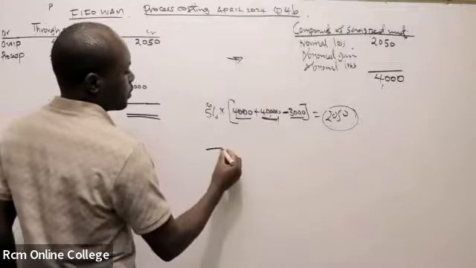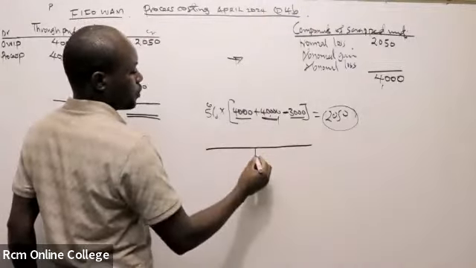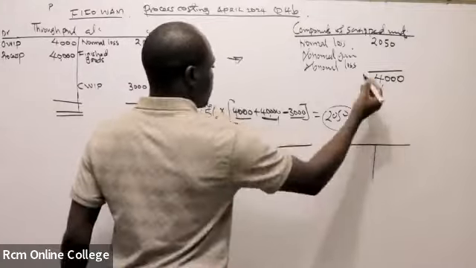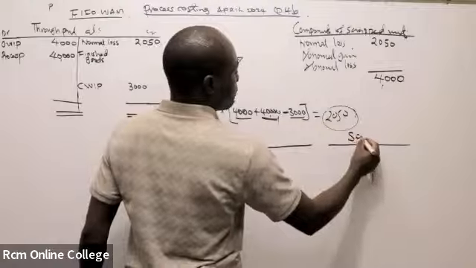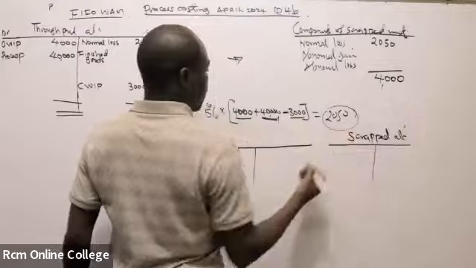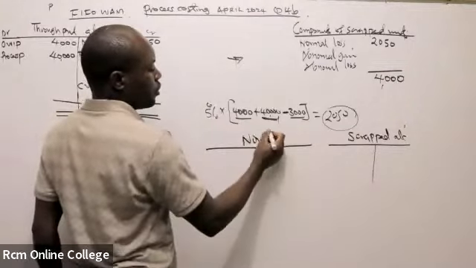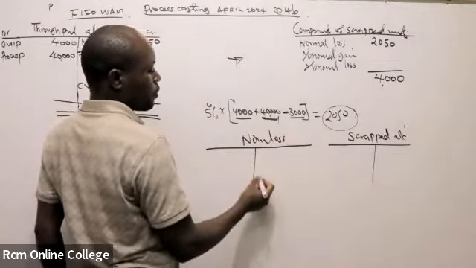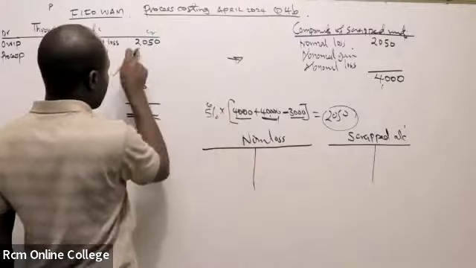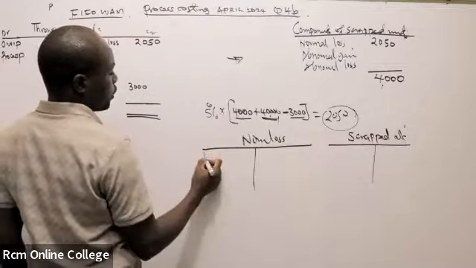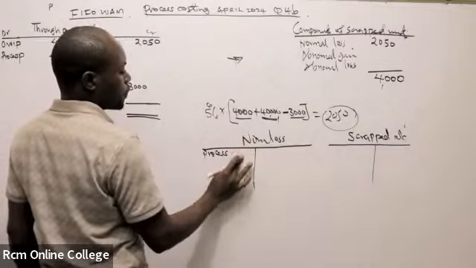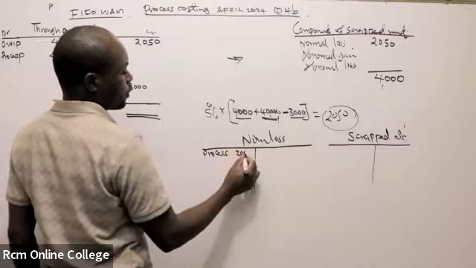Then we see what is happening. Our total is 4,000. So let's say this is the scrap units account. And we already have the normal loss. Look at how normal loss is behaving. Normal loss is coming from the process account. You can see how we have recorded it. So we are going to debit the normal loss account by talking about process Q. This is what we did, and of course brought in the 20.50 units.